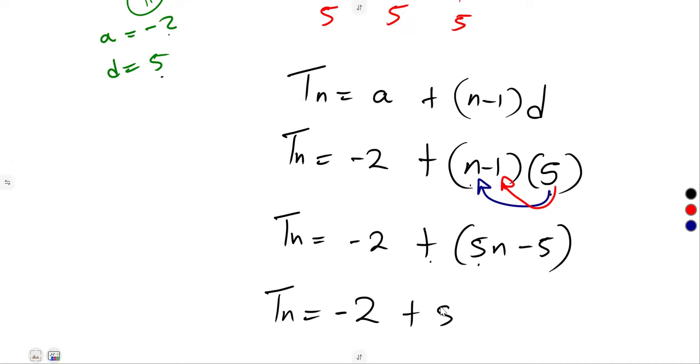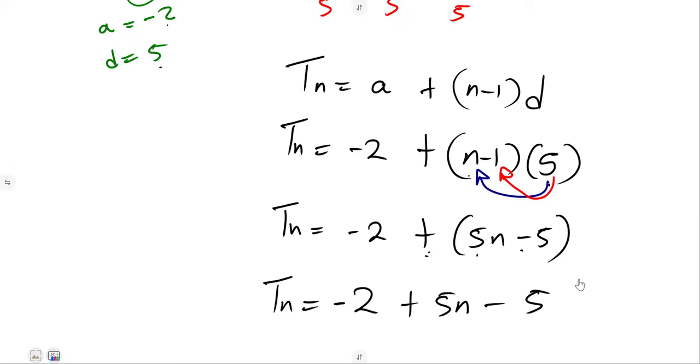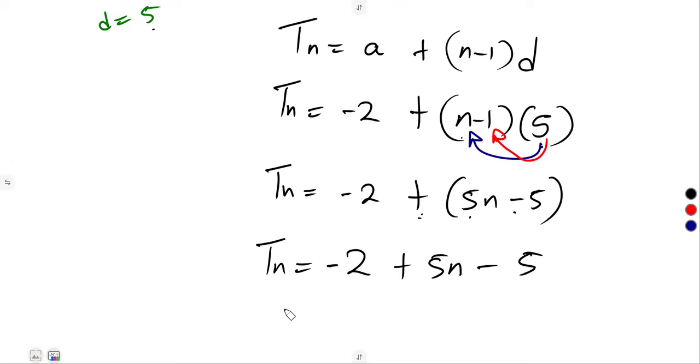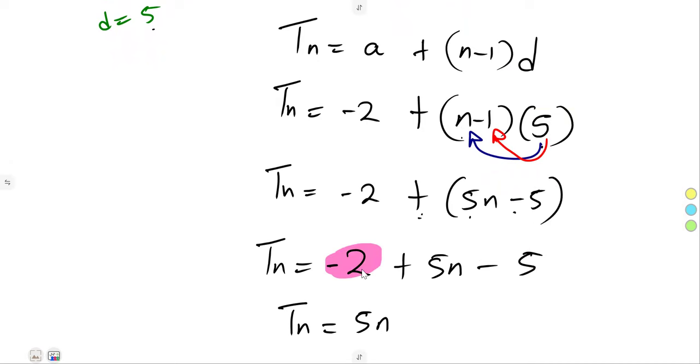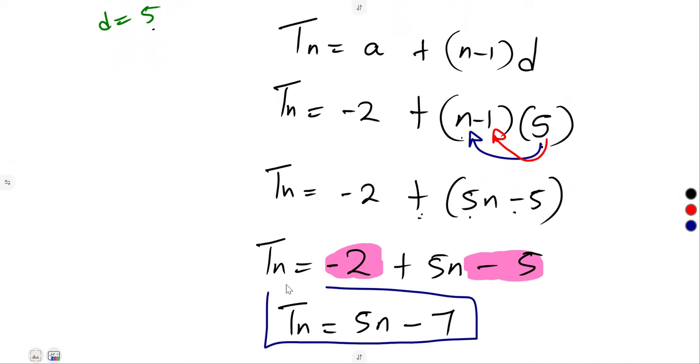Positive 5 times n is 5n, positive times negative is a negative. So our Tn is equal to 5n. Considering the constants, -2 minus 5 is -7. So that's it.